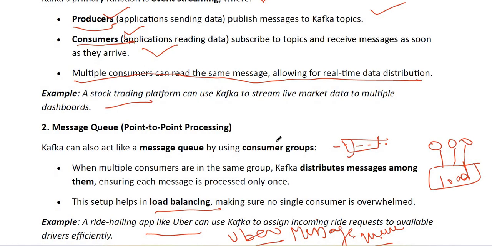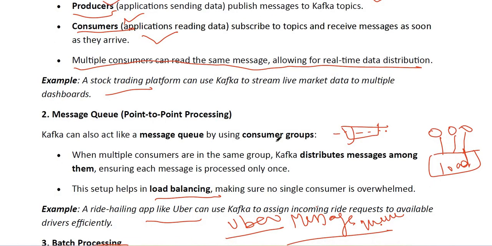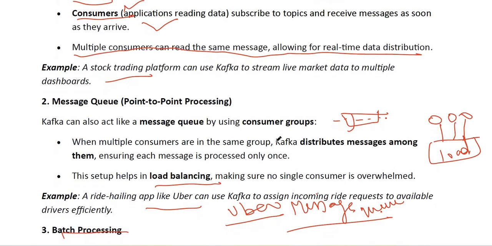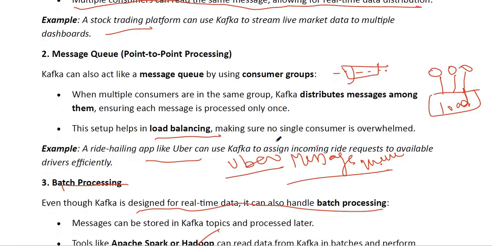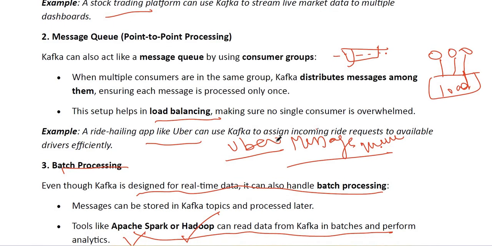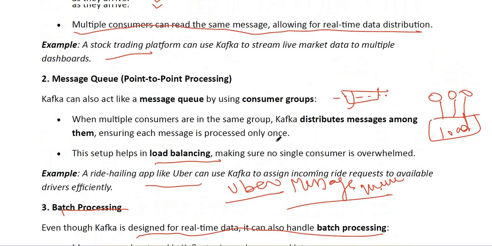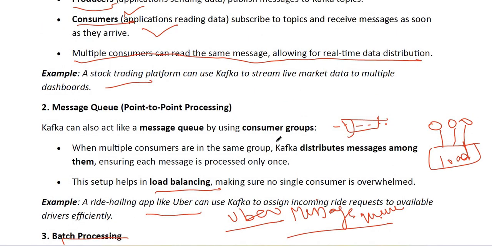The second one is message queue, where in order to balance the load, the messages can be distributed among the respective consumers or consumer groups. And the next one is batch processing, which is normally done by other tools connected to Kafka, like Spark as well as Hadoop. So these are the event processing models in Apache Kafka.